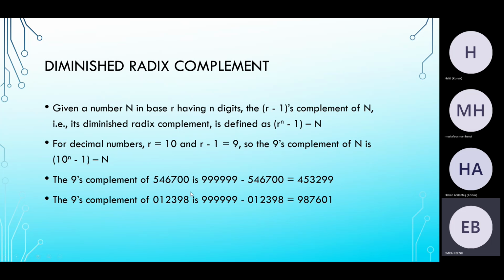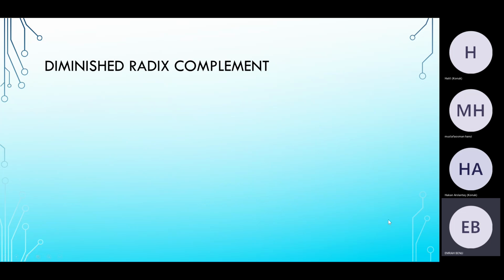For this number we have 0 at the beginning, so if we want 6 digits, this is also a digit. It depends on what they tell you, what they ask you. So if there is 0 here, you will make 9 minus 0, and you will have this number, the 9's complement, diminished radix complement of this decimal number.